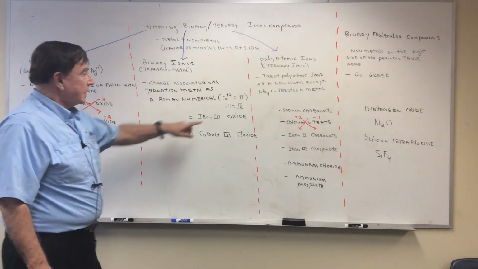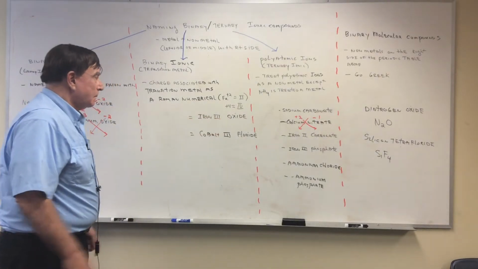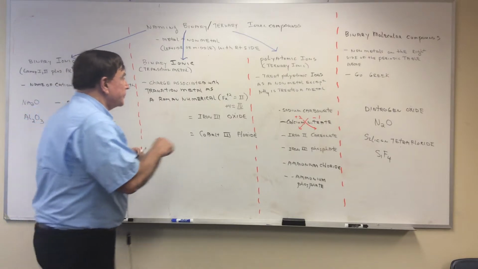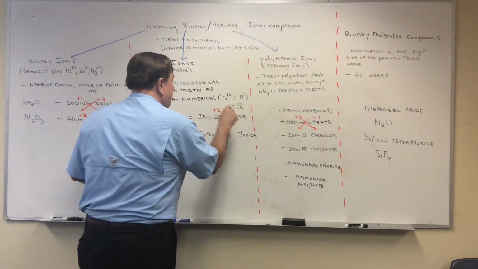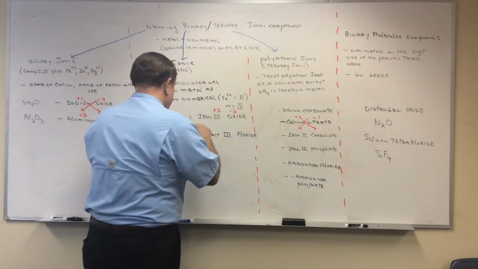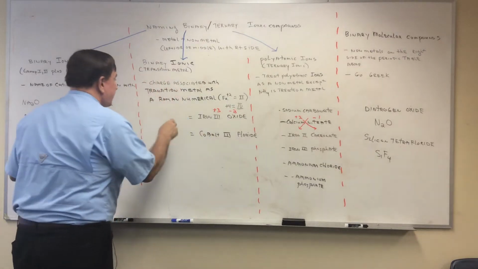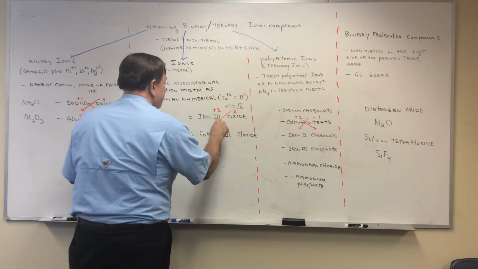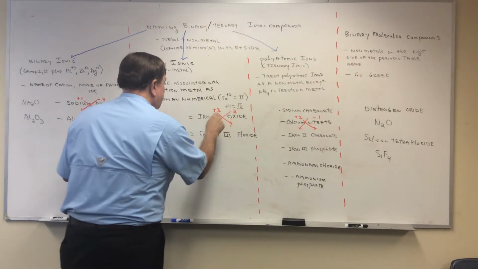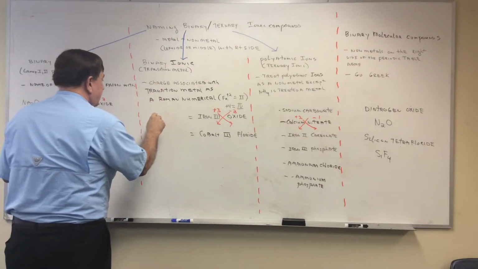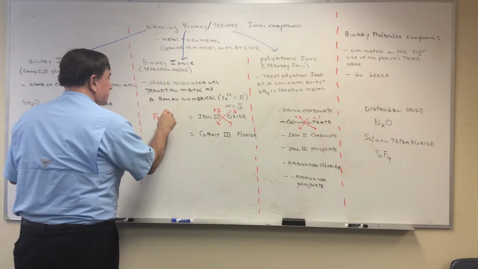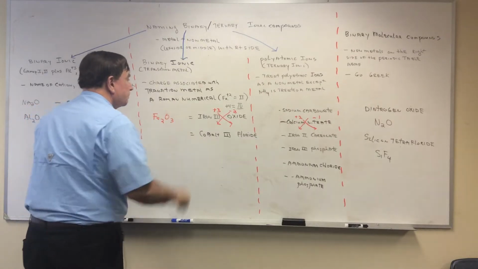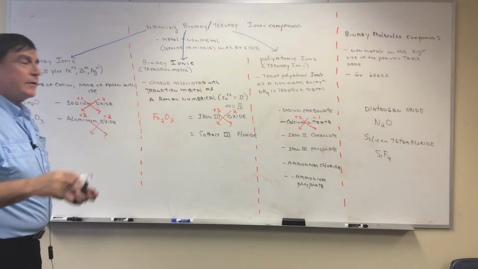Let's go over here. Iron 3 oxide. Iron is +3, oxide is -2. So that means when we do the cross, it's going to look like, okay, cobalt 3 fluoride.